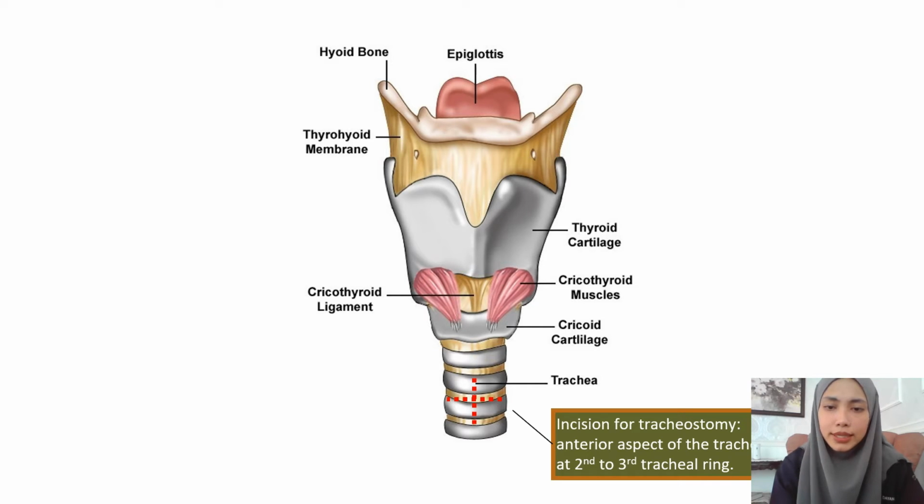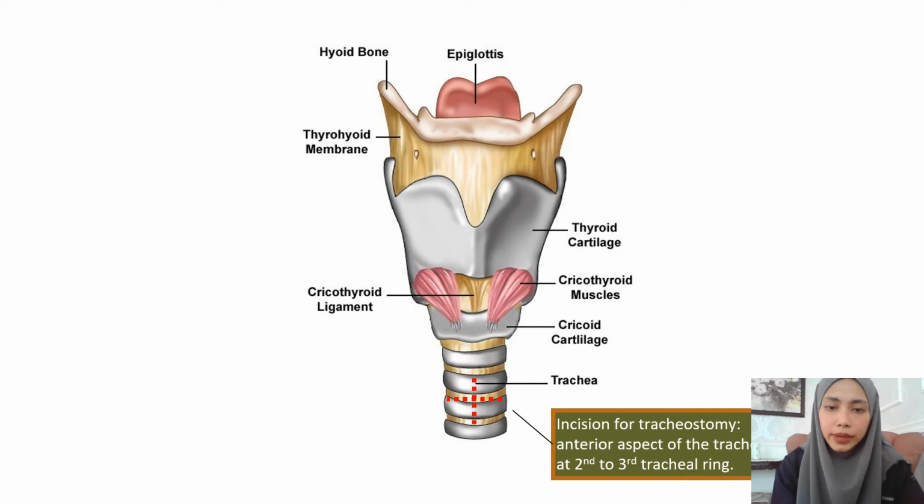The other important thing I would like to show is the incision site that we make on our patient who requires tracheostomy. We will cut at the anterior aspect of the trachea at the second and third tracheal ring.